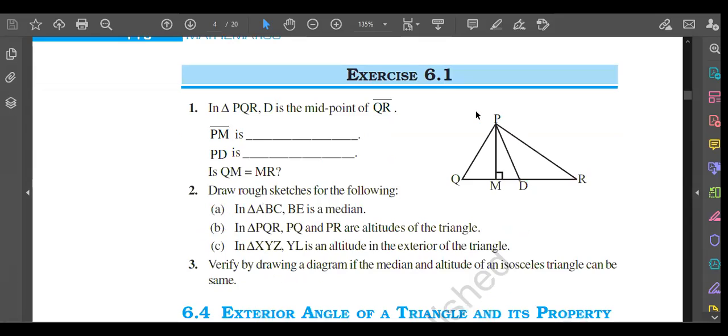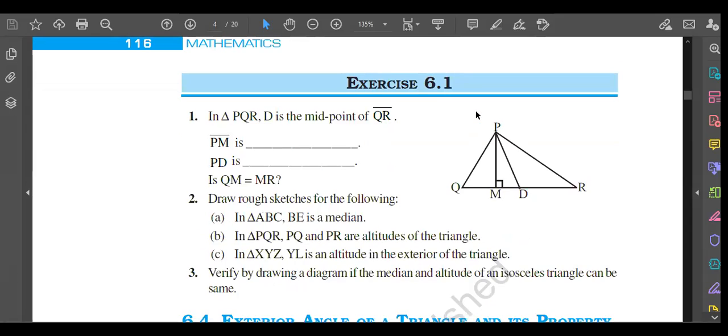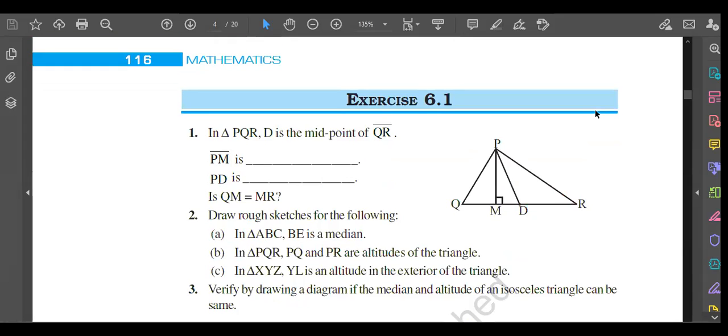Now, let's solve this problem. Exercise 6.1. Everyone, solve exercise 6.1. In triangle PQR, PM is your, tell me, what is PM? Very good, everyone. PM is your altitude. And PD is your median. Is PM equal to MR?